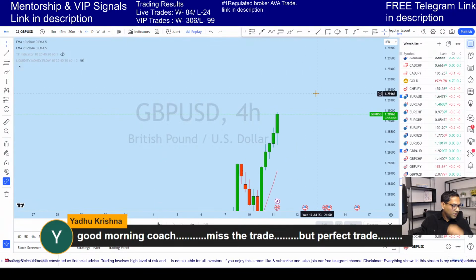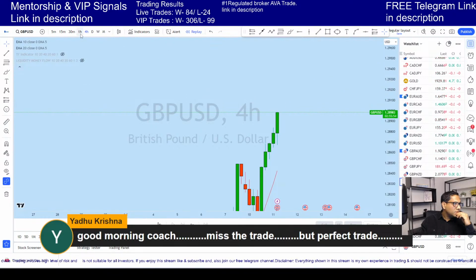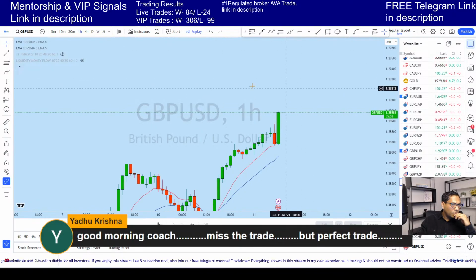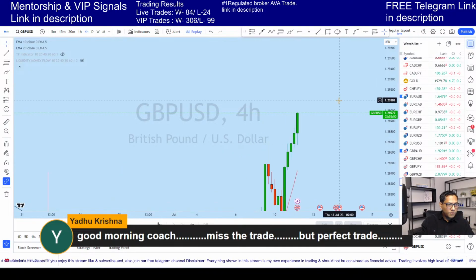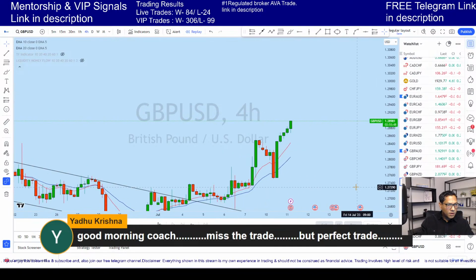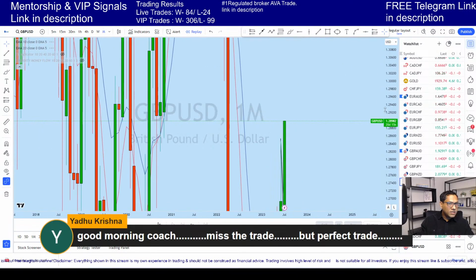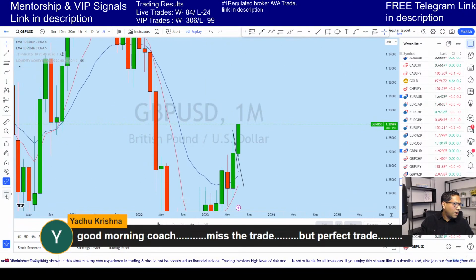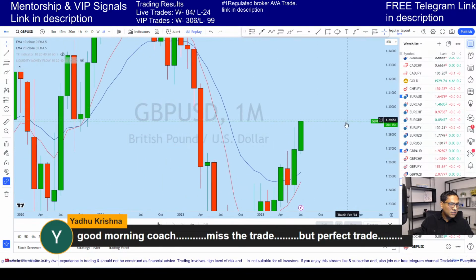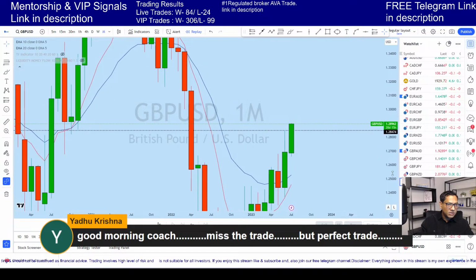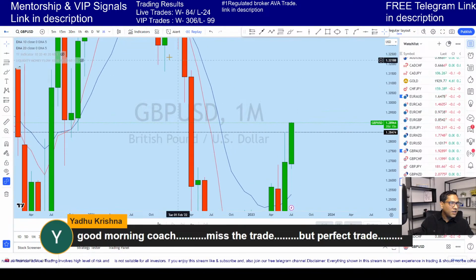So with that said, from the 1 hour and 4 hour perspective, and from the weekly as well. If we look at the multi-time frame perspective, from the monthly, GBPUSD has broken the monthly resistance line. As you can see, this is the monthly resistance zone which is broken to the upside.